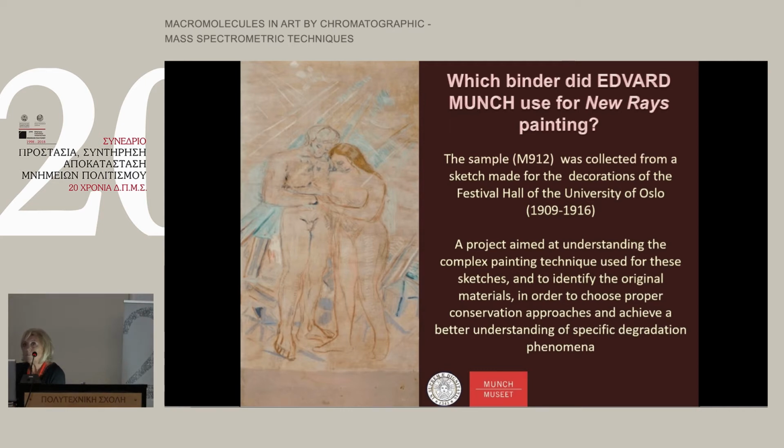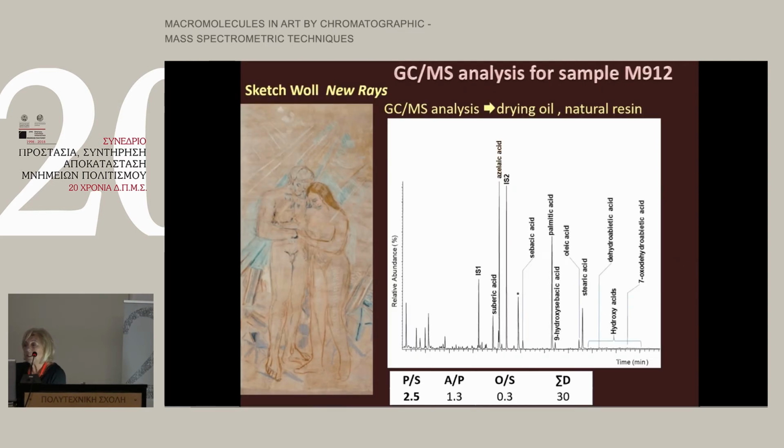And we are able to analyze not only sketches but also a lot of tubes that are stored in this museum. So what to do in this case? Well, this is the GCMS analysis for one of the samples of the sketch.